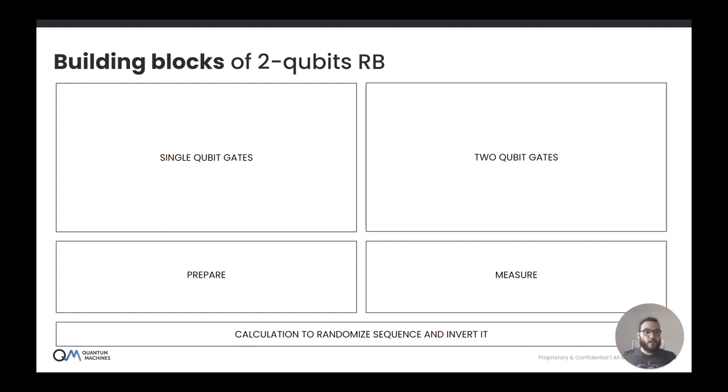So let's look at these building blocks that we discussed that you need to be able to provide in order for the sequence to work. So the first is obviously to be able to perform single qubit and 2-qubit gates. The Cliffords are composed by single and 2-qubit gates, and this is something that you can quickly understand going through the reference from the 2014 Martinis paper.